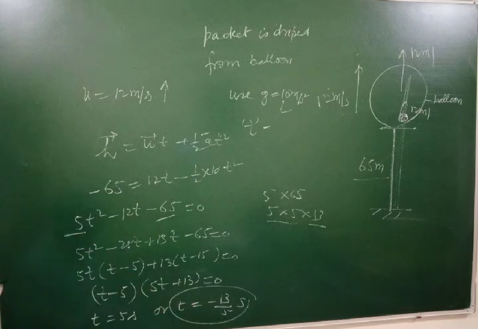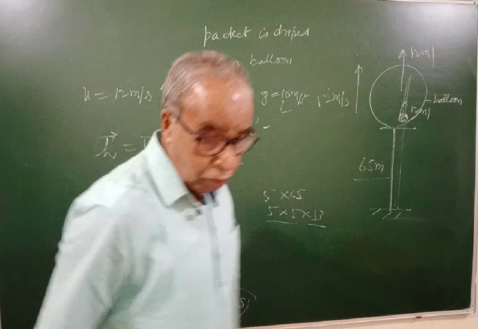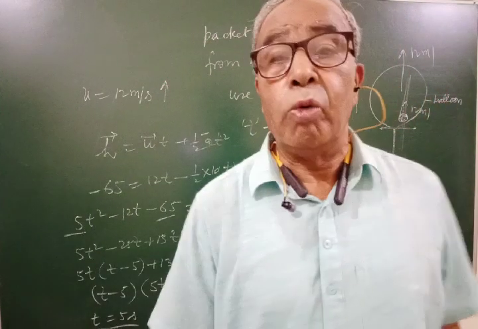Don't say it is always true that time is not negative. Suppose it is 11 p.m.; 10 p.m. has passed, so we can take negative. So the packet will take 5 seconds to fall to the ground.